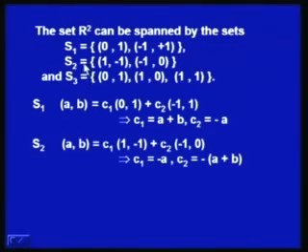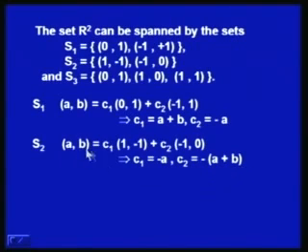If you consider the set S2 in the next example, then AB is equal to C1 times 1 comma minus 1 plus C2 times minus 1 0. So any vector AB in R2 can be expressed as a linear combination of these two vectors. You can solve the two equations: C1 is equal to minus A and C2 is equal to minus A plus B is a solution.